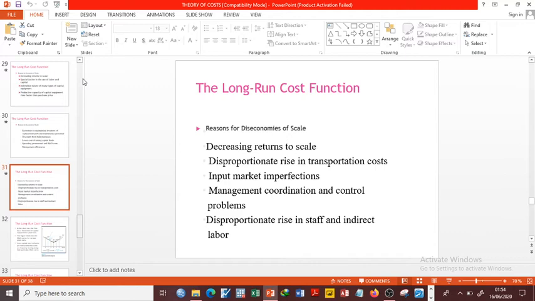Then input market imperfection. Input market imperfections could be supply inefficiencies or uncertainties in the supply of maybe raw materials. So if there is, for example, a shortage of supply of raw materials, then it means it's going to increase the cost of production.